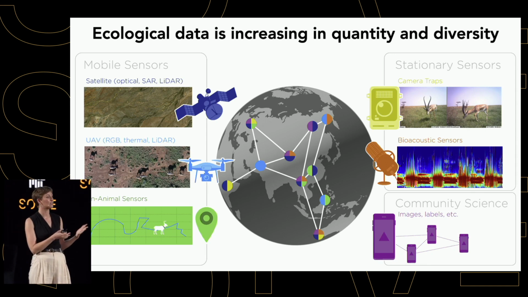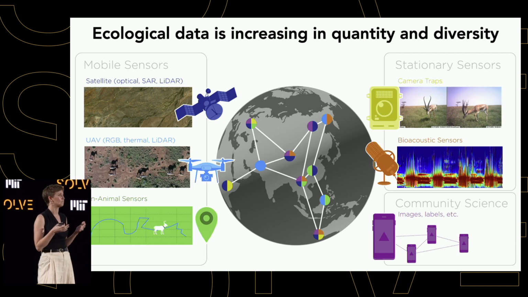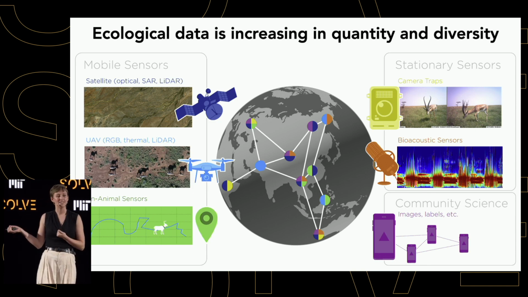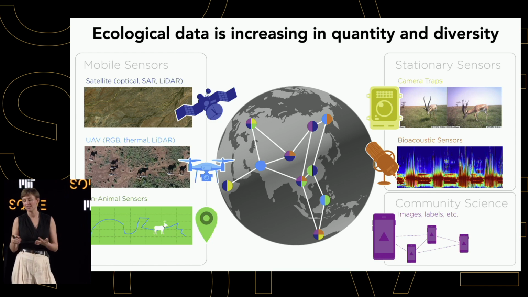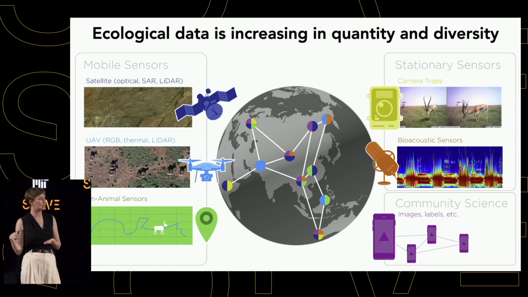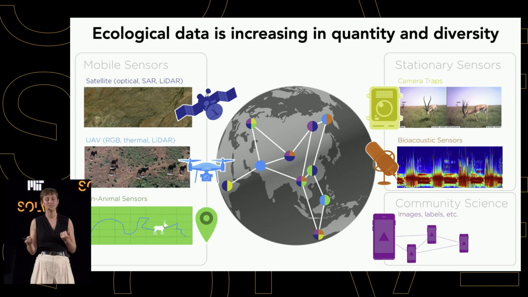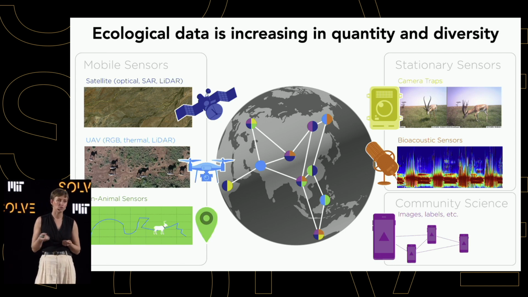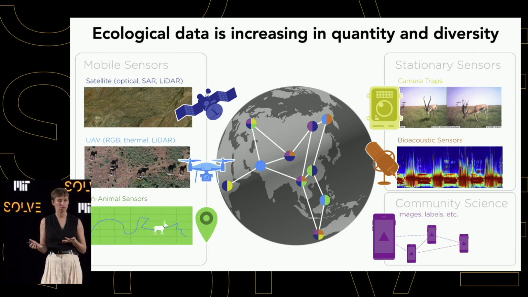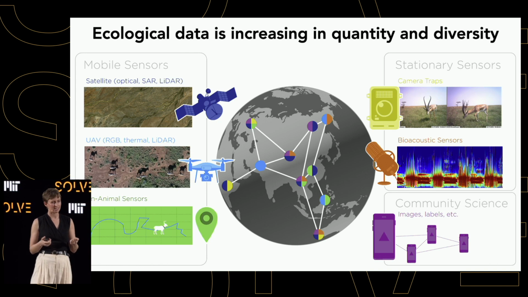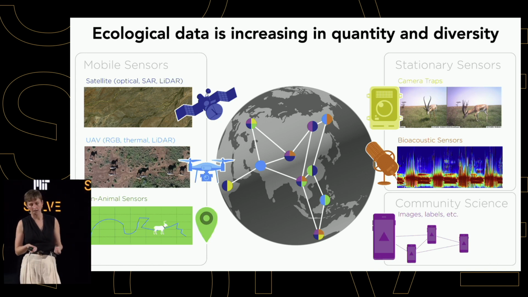These are things like collars placed on elephants or seals or anything you can imagine to track the animals, but also collect data that we don't have, things like ocean temperature, ocean salinity, in ways that are intelligently collected. Huge networks of stationary sensors, things like camera traps, bioacoustic sensors, collecting information about species on the ground all over the world. And then increasingly what we call community science data.